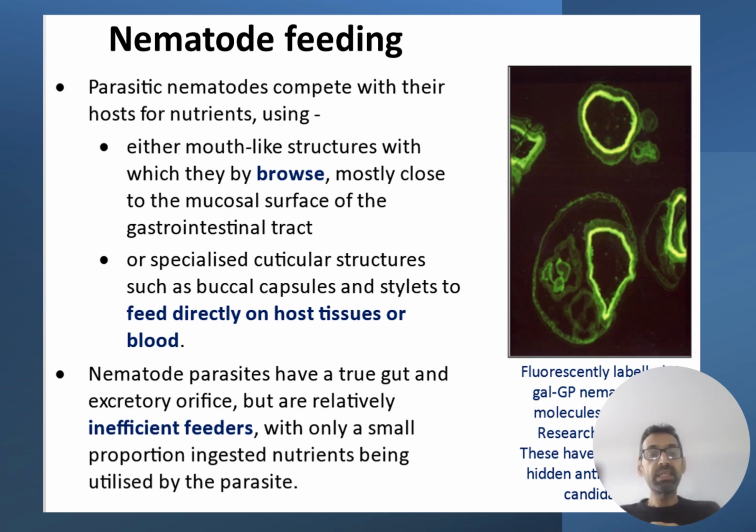These nematode parasites have a true gut and excretory orifice, but are relatively inefficient feeders, with only a small proportion of the nutrients being digested and utilized by these parasites.